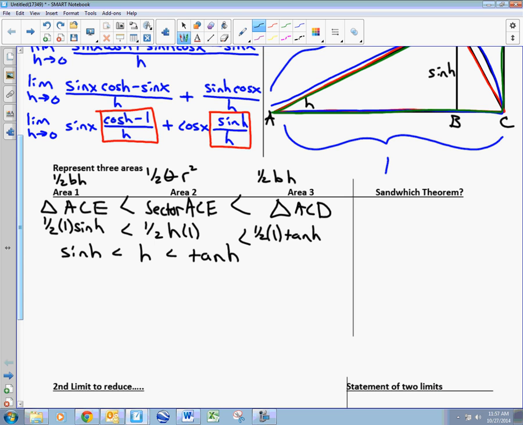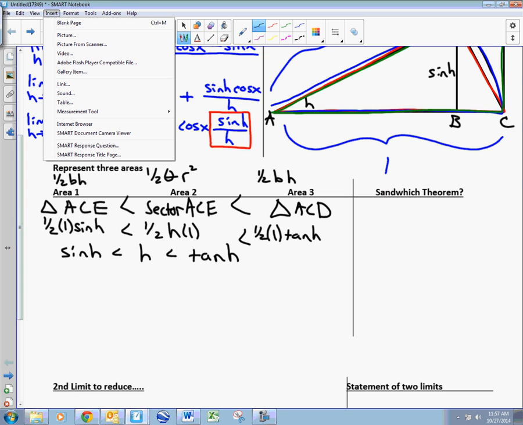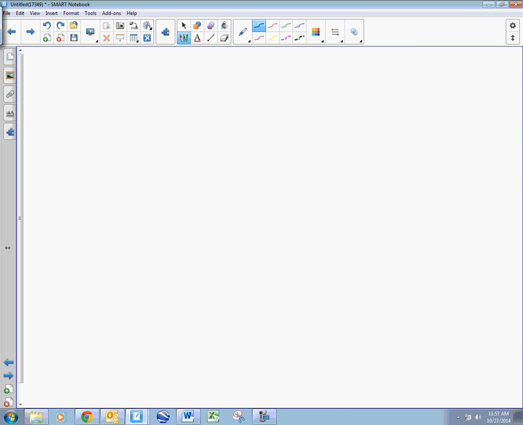A sandwich theorem basically says we take something and squeeze it in between 2 other things. For example, a very basic example: suppose you have this. What is x? 4. Is that obvious to you?